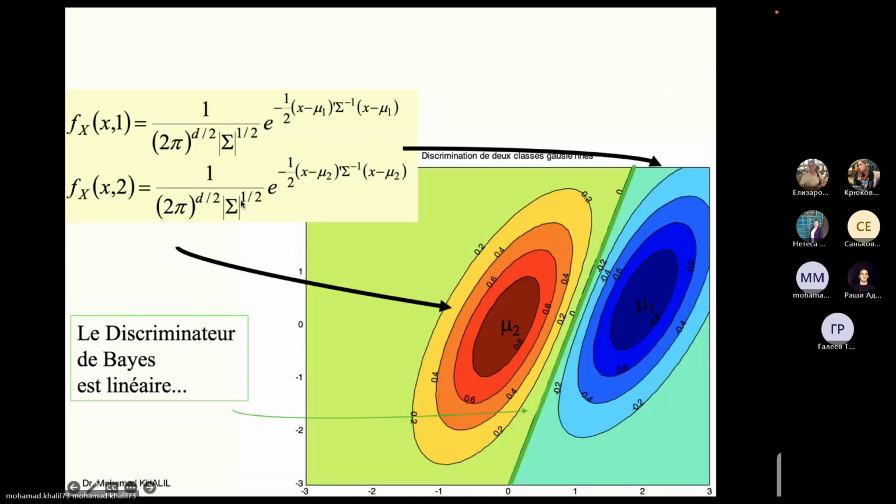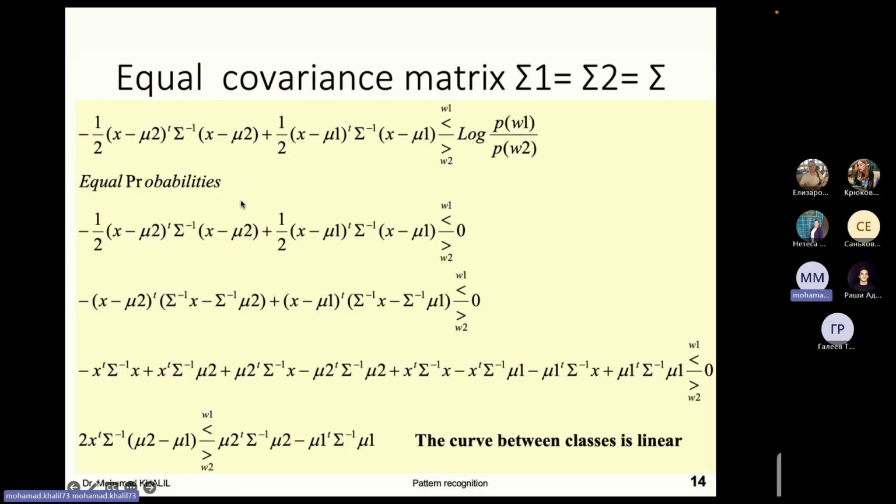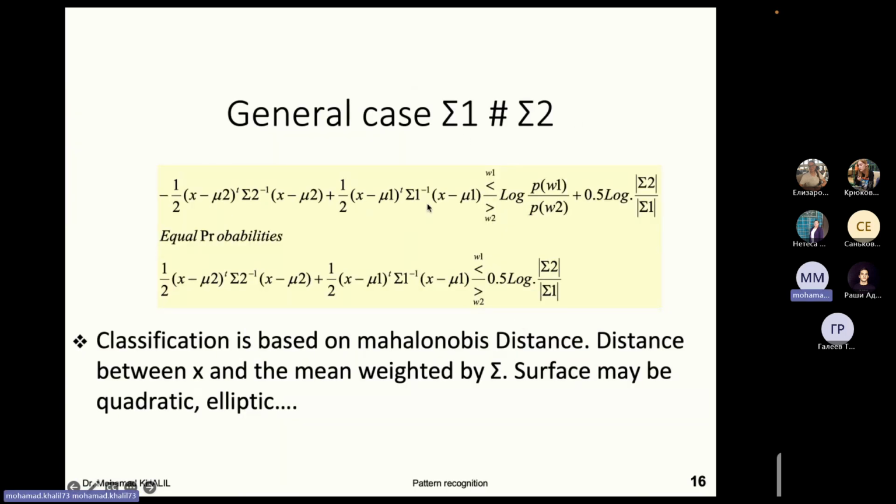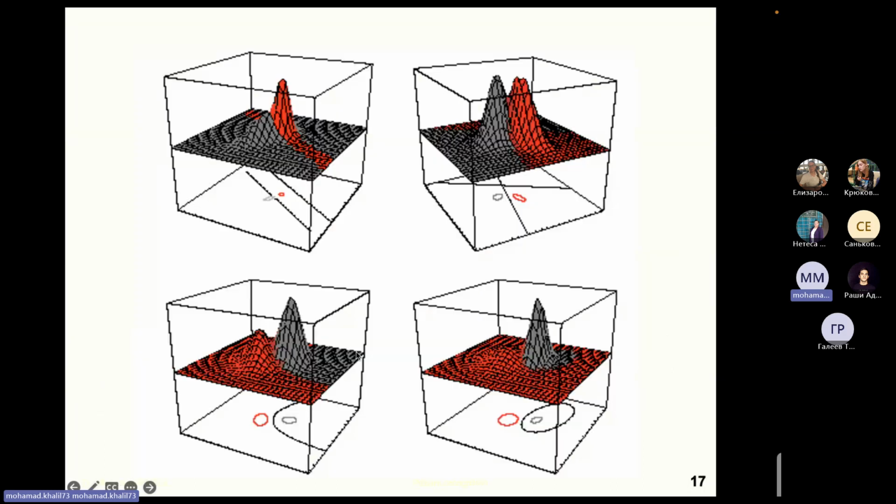And when sigma 1 and sigma 2 are different, we will have a different kind of surface, like that, or like that, or like that.